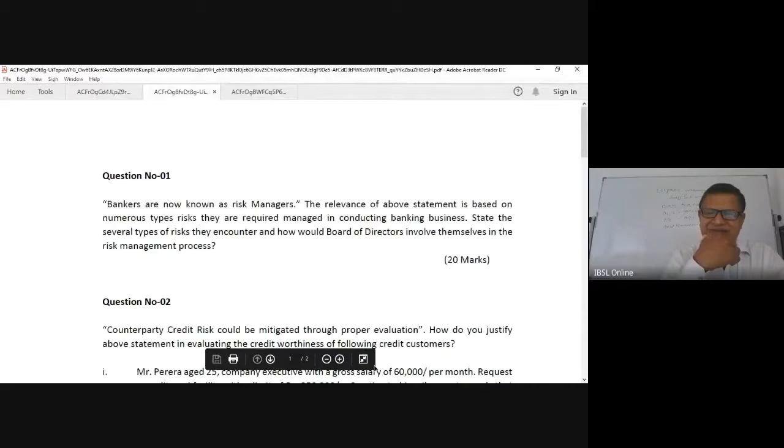It says bankers are risk managers. Numerous risks are required, similar to our first question. Numerous risk means numerous risk types. We need to understand what types of risk banks take and what the board of directors' involvement is here. It is integrated risk management.